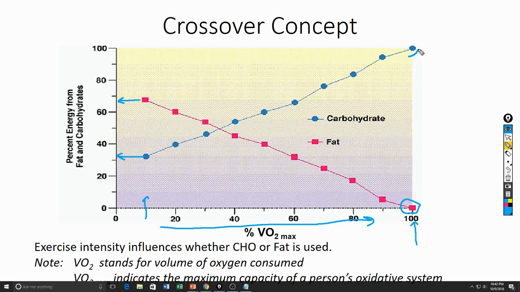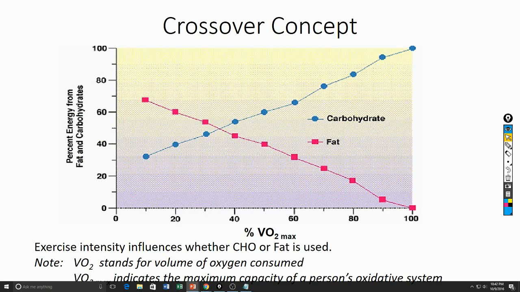Whereas carbohydrates up here are pretty much supplying all the energy. Okay, not all, but close to all the energy. All right, and that's the core of the crossover concept. And as we go into this unit a bit more, what we're going to see is there's things that will modulate this crossover concept a bit. But this is kind of the core of this.